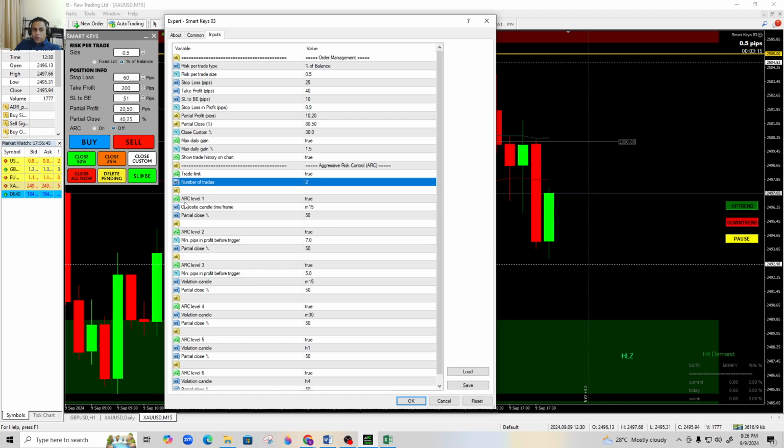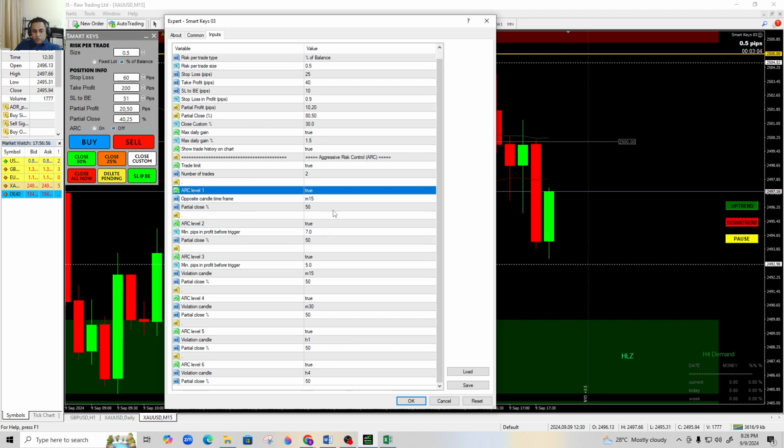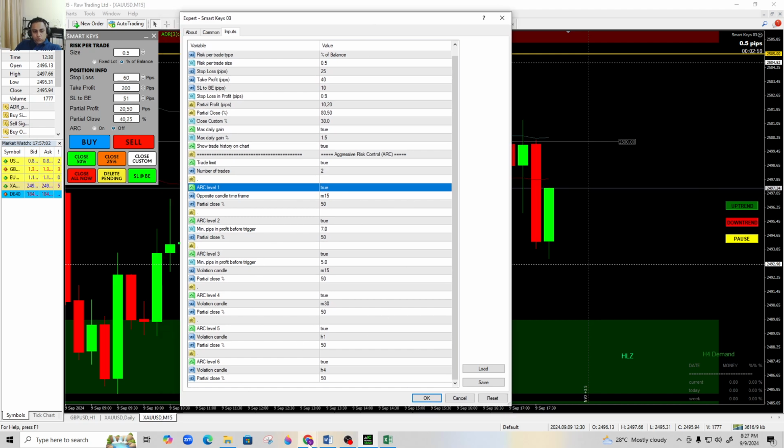Then ARC level 1, aggressive risk control level 1, which means if your trade... okay, I'm not going to get into this because it is very complex. I would have to open up examples. Let me open it up here and show you what I mean.